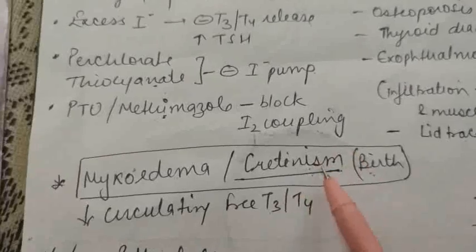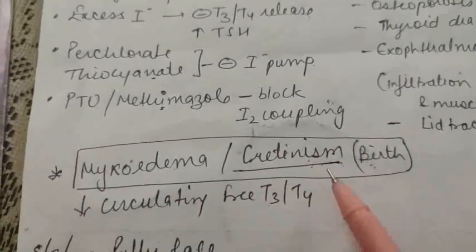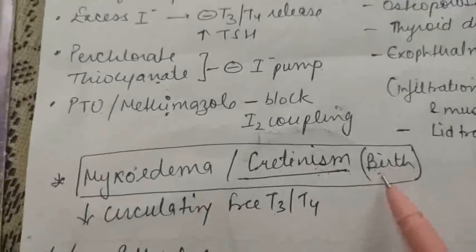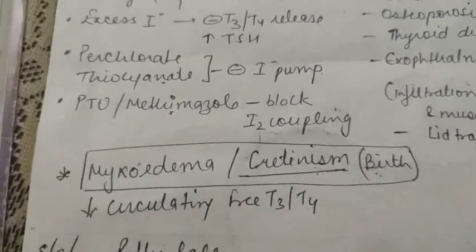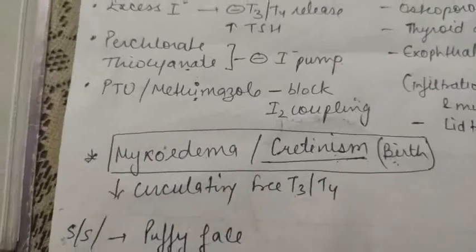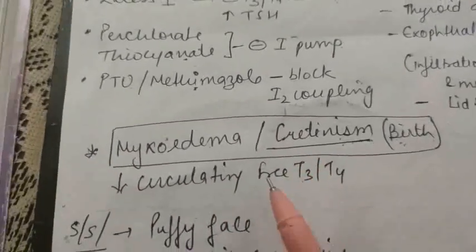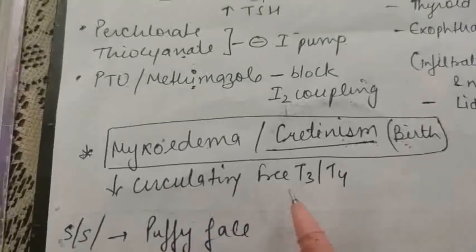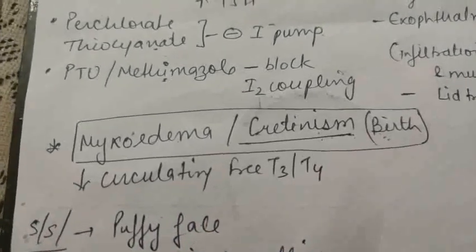These are hypothyroid conditions: myxedema and cretinism. Cretinism is when the mother does not have sufficient iodine, so there is hypothyroidism in babies at birth. Myxedema is hypothyroidism after birth. There is decreased circulating free T3, T4 concentration of hormone.